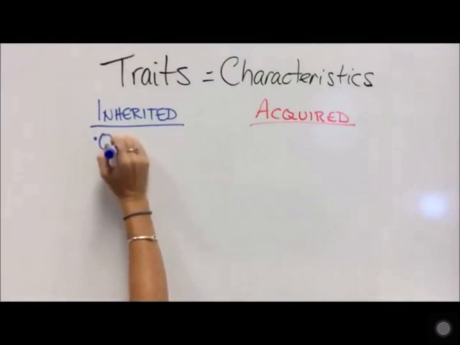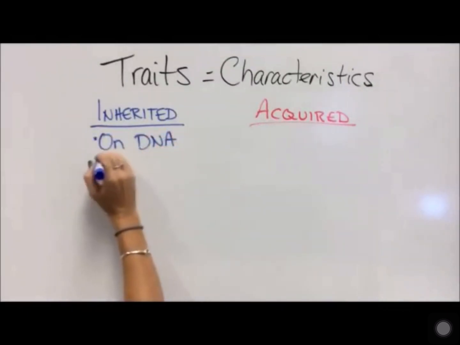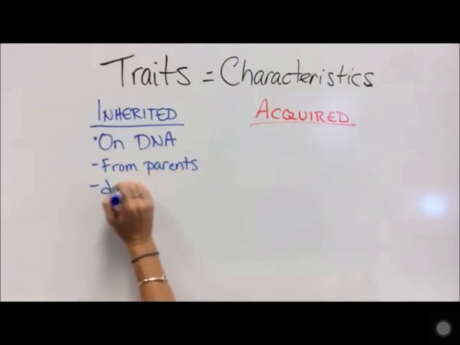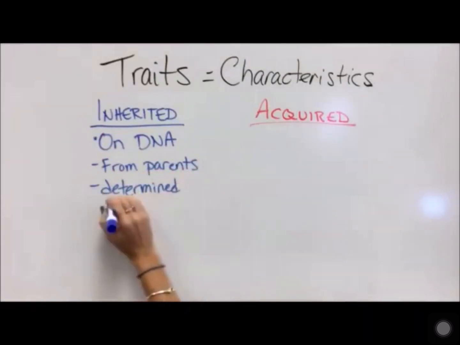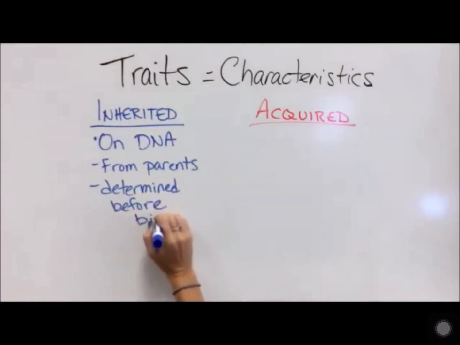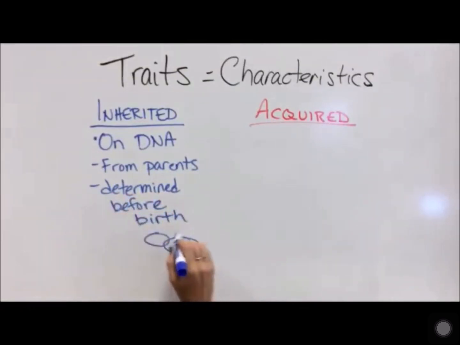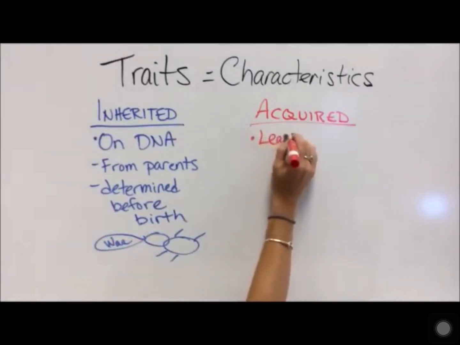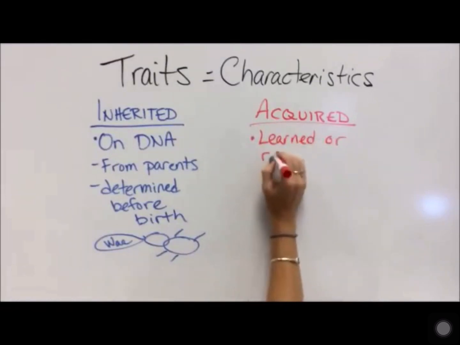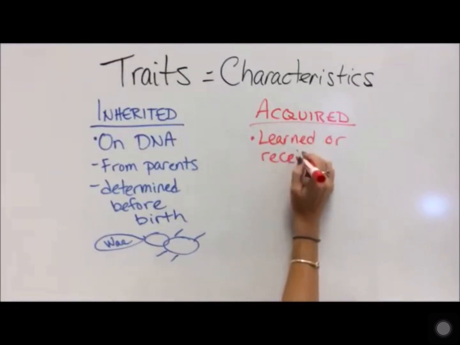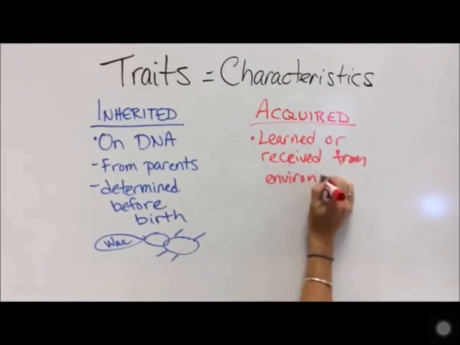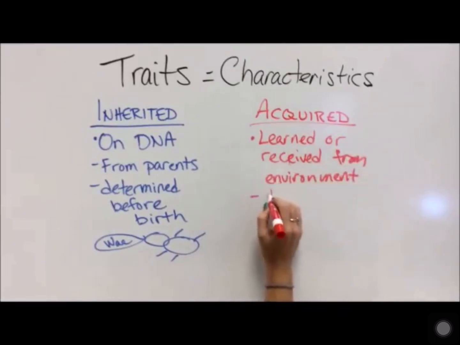Inherited traits are things that are coded on your DNA, which means that you get the information from your parents, and they are determined prior to your birth. It doesn't mean that you were born with them, because when you're born, a lot of babies don't have hair. What your hair looks like is determined before you're born. It just doesn't happen until a little bit later. Acquired traits are things that we learn or receive from our environment.